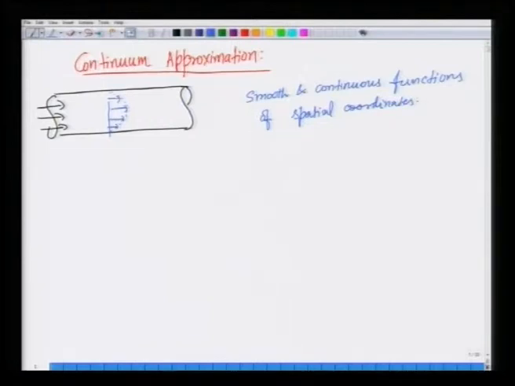We will see that in order to analyze any problem in fluid mechanics, you have to first set up a proper coordinate system. For example, here a simple rectangular coordinate system. Okay. So, here for example, if you have density, density is a smooth continuous function of x, y, z, the three spatial coordinates in the rectangular coordinate system, and time. Okay. So, the key thing is it is a smooth, continuous function that is defined at each and every point.